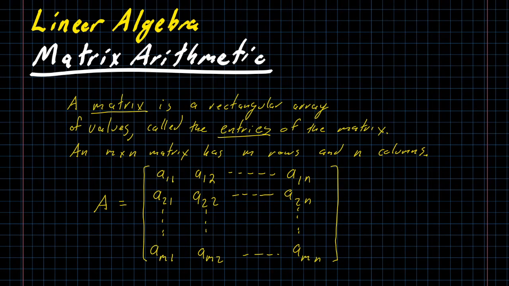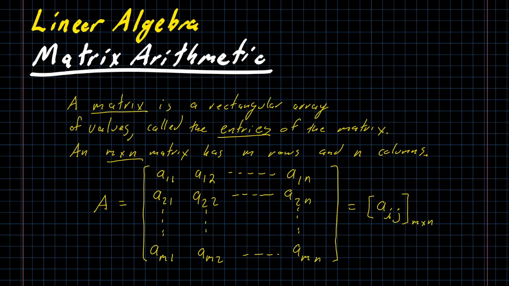For the sake of convenience, very often when we're talking about the entries of a matrix, instead of listing them all out, we will set up just in brackets A sub ij. And if we want to clarify, if it's not been announced somewhere else, that A is an m by n matrix, outside of that we can put a subscript m by n.